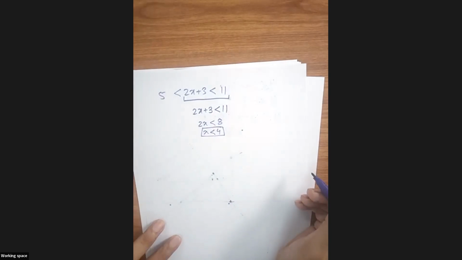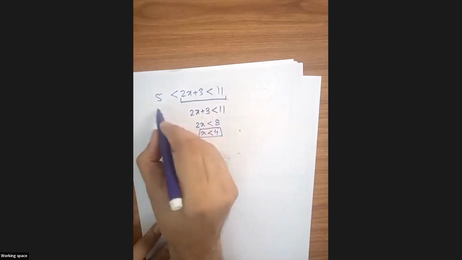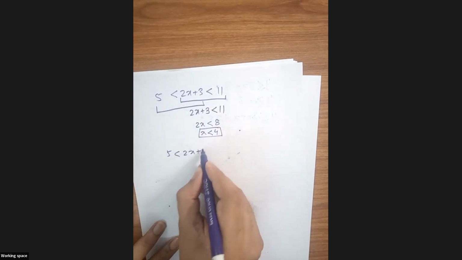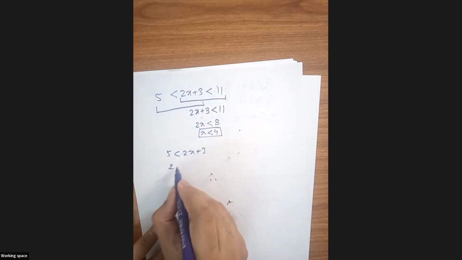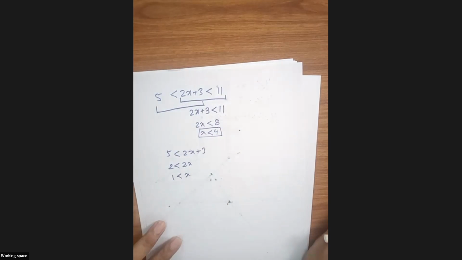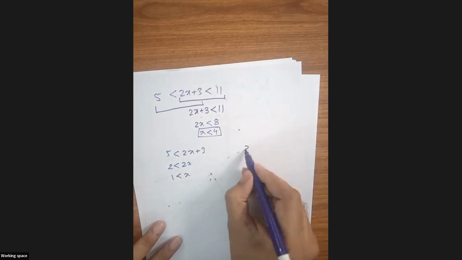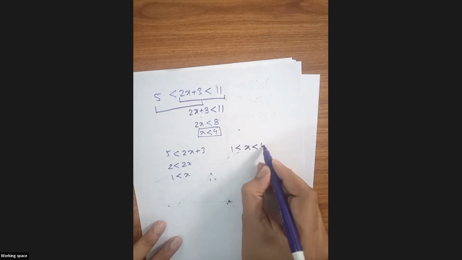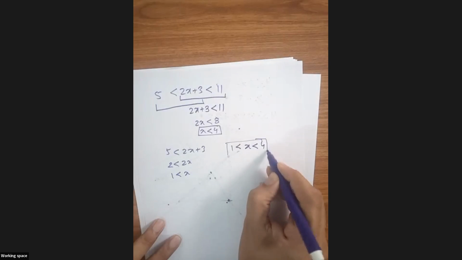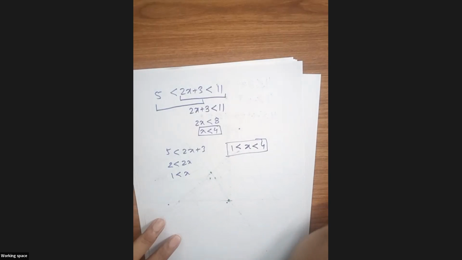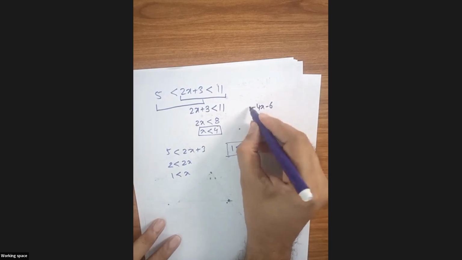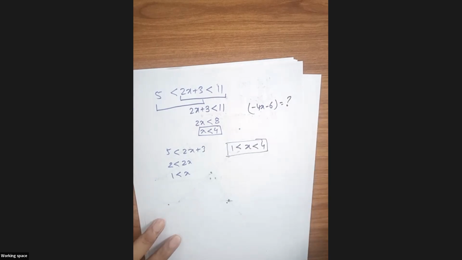Next, same on the left side. So 5 less than 2x plus 3. So this would be 2 less than 5 minus 3, 2x, or x greater than 1, right? Yes. So you have x greater than 1 and less than 4. Okay? Then what? You have to find the value, the range of minus 4x minus 6.